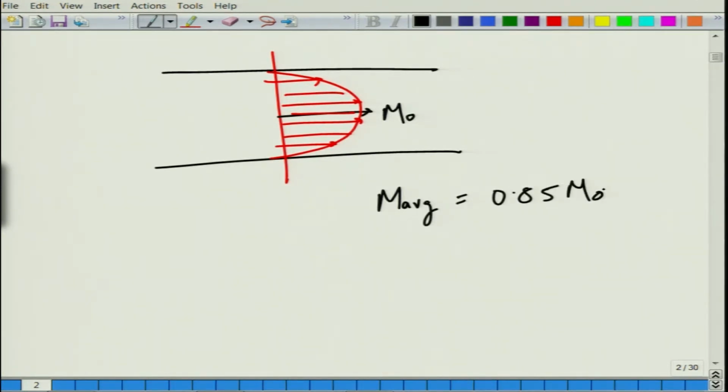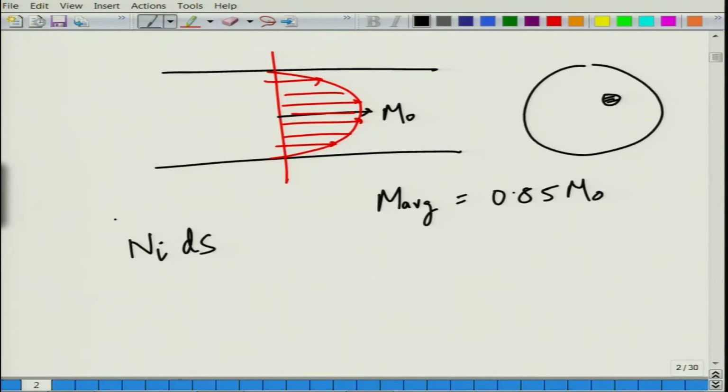Now, what about the expression for the average acoustic intensity for the waves that flow in a moving medium? Let us denote by Ni the intensity over a small elemental area dS, when you have a circular pipe, something like this. So, we have E is equal to Ni dS.